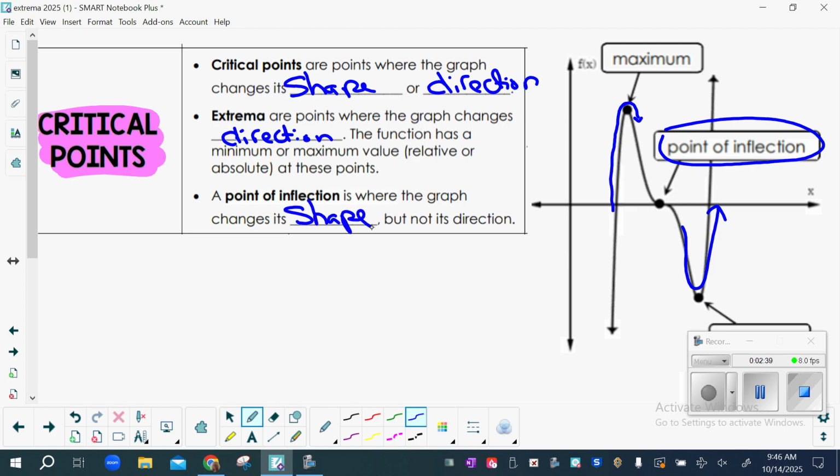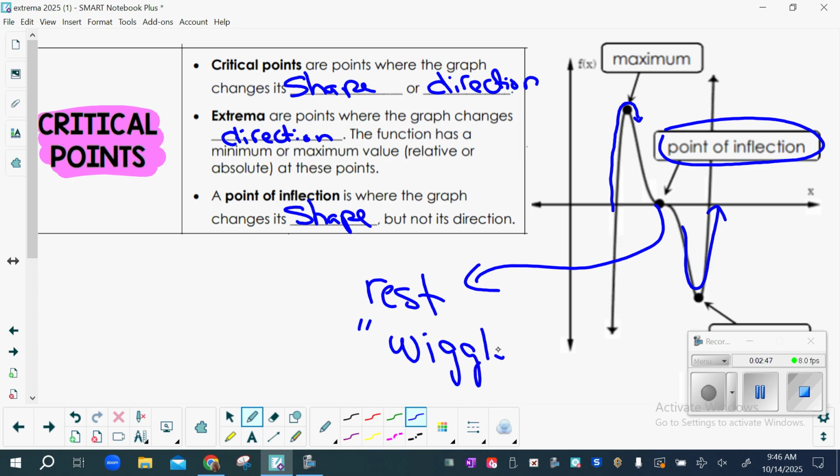I think of it as a rest, or sometime next chapter, I will call that a wiggle. Your graph wiggles for a minute. It just kind of sits here, it wiggles, and then it goes on down. So if your graph just rests for a minute, that is called an inflection point, right?